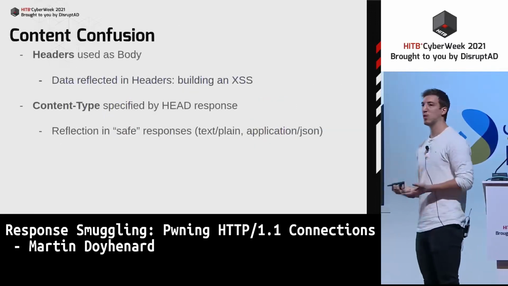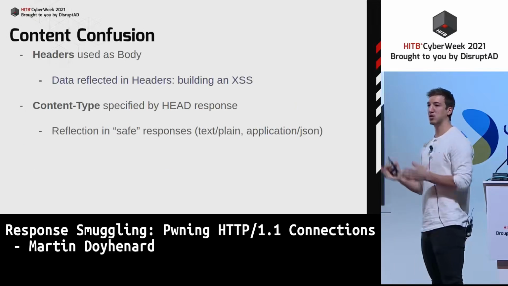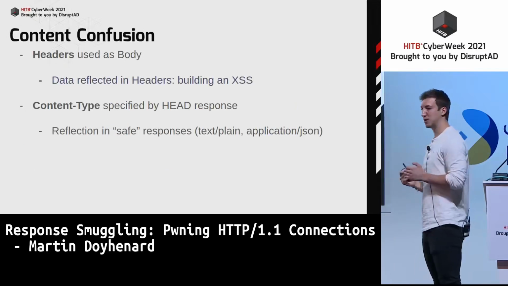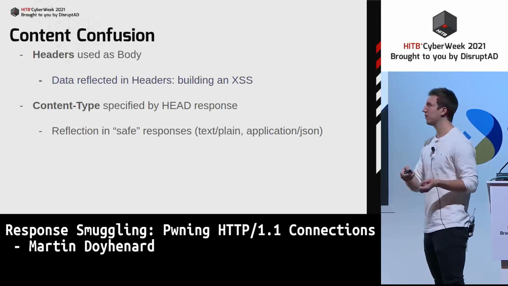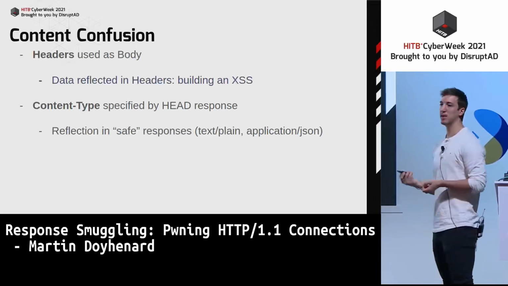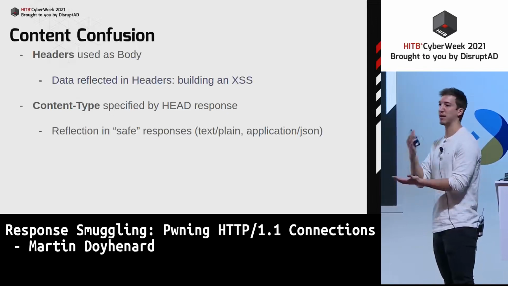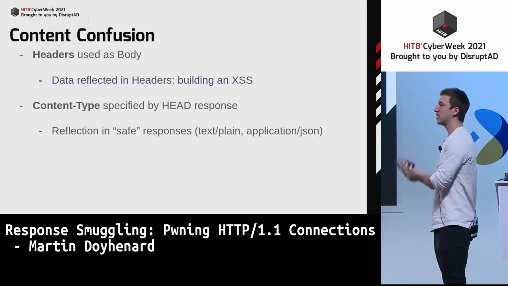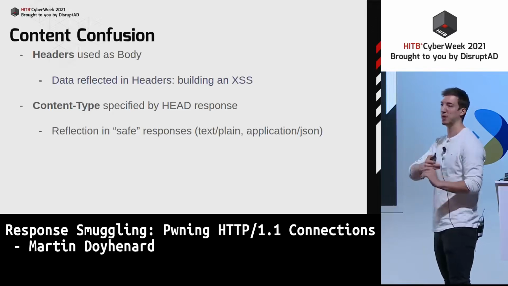Now, what can we do with this? Well, we can build new payloads using headers and bodies. So the headers will be set using the HEAD request, and the body will be set using the next response, which in this case will also use the headers of this response as part of the body.